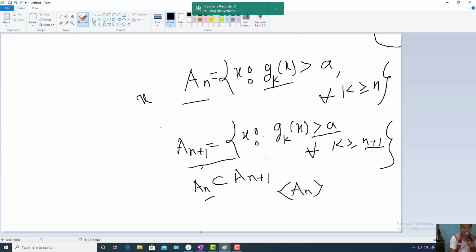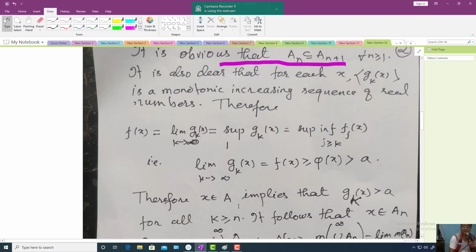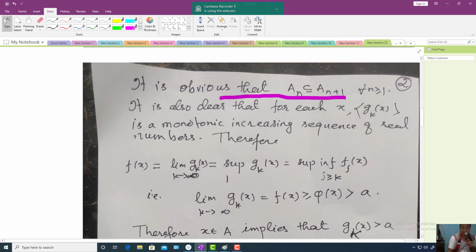All right, so then let us go back to the note again. Whatever I have told you is written here again. A_n is a subset of A_{n+1}.